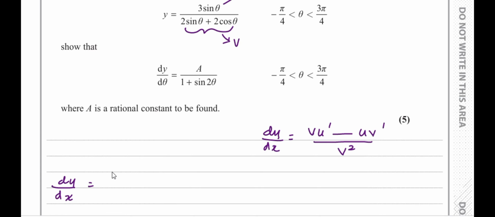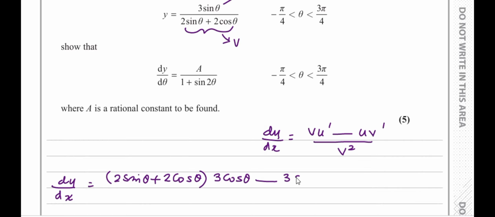So what's the v? 2 sine theta plus 2 cos theta times differential of 3 sine theta is 3 cos theta, okay, minus, now we write 3 sine theta times v dash. V dash contains two terms, therefore 2 cos theta minus 2 sine theta.